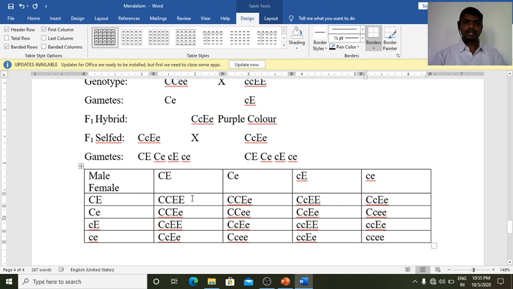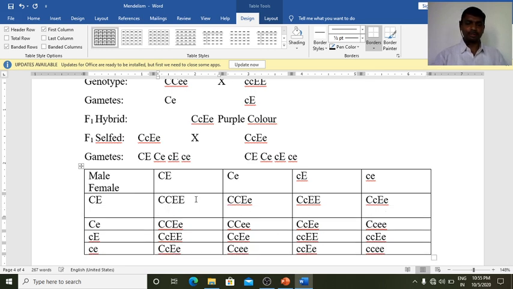So this is the F2 progeny. Now we are going to write the phenotype of these genotypes. All are dominant here, so it produces the purple color, because the presence of the C allele can produce the chromogen, while the presence of the dominant E allele can produce the enzyme. So when both are present, the enzyme acts on the chromogen to produce a colored flower, that is the purple flower.